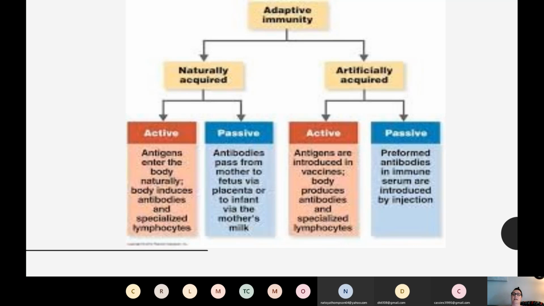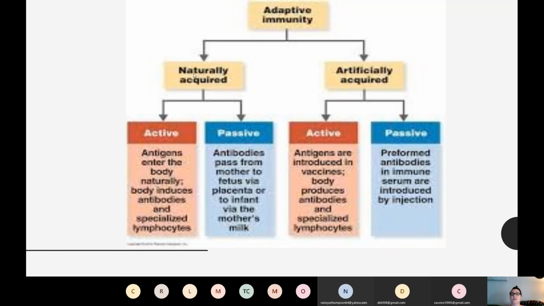This picture here is a little fuzzy, but basically it talks about adaptive immunity, and the difference between, I'm pointing at my screen like y'all can see my screen, adaptive, naturally acquired versus artificially acquired, and how these come about. I can sit here and try to explain this, but this video does it and makes it very easy with pictures and animation. It's wonderful.